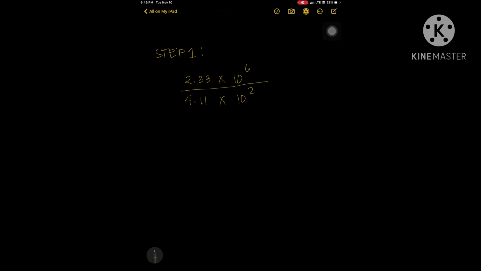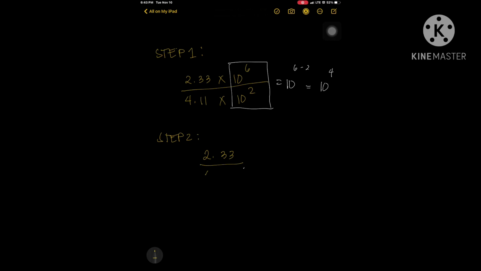So using step 1, of course, we have to subtract the exponents. Our exponents are 6 and 2, copying the base 10. So we have 10 raised to the 6 minus 2. That will give you 10 to the fourth power. So that will be the power of 10 for our numbers.